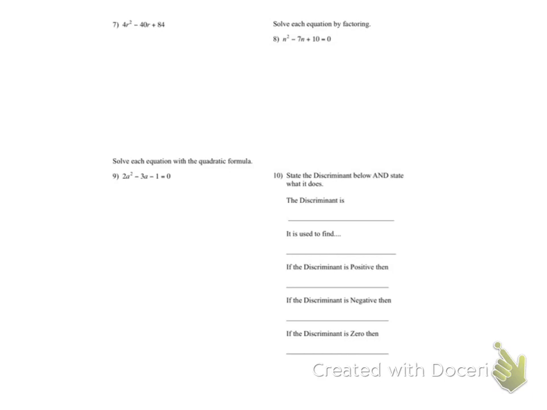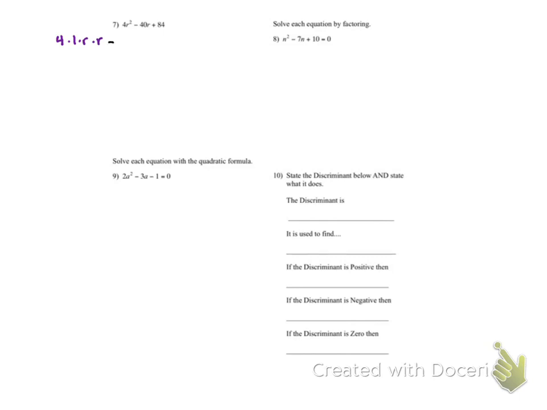All right, number 7. So looking at these three numbers, we have a 4, we have a 40, and we have an 84. And for these three numbers, we do have a common factor. Right, so if we break this down, this is 4 times 1. Again, you don't really need the 4 times 1 there.